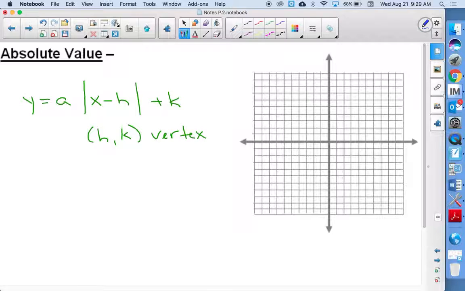So if I use the numbers again, x minus 3 with absolute values and then plus 2. So every one of these graphs are still going to begin at that 3, 2. Remember, this is supposed to be a V this time.